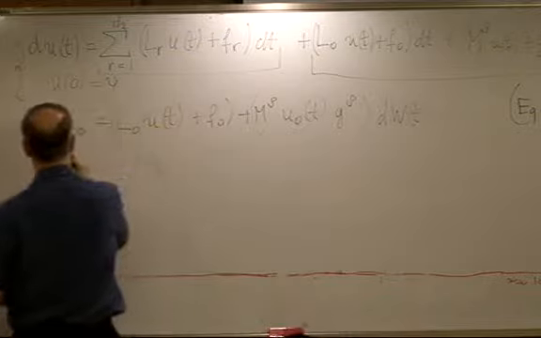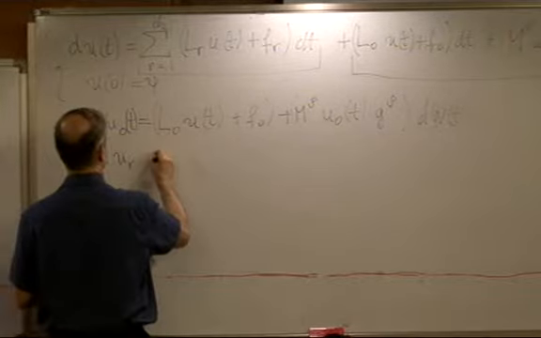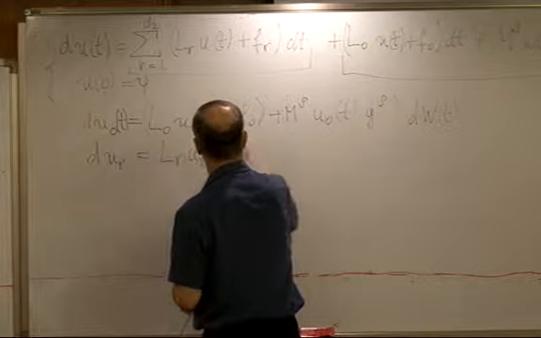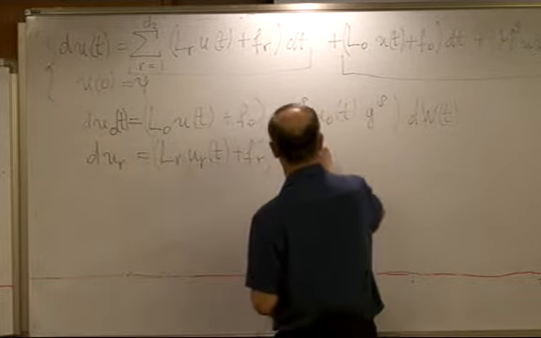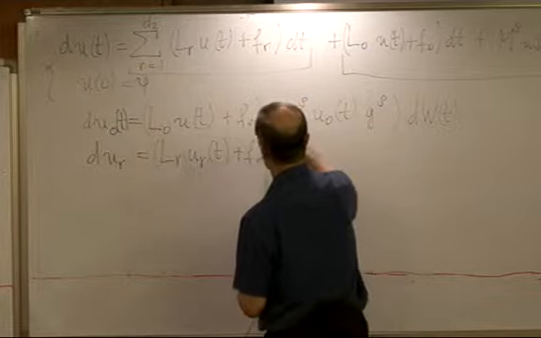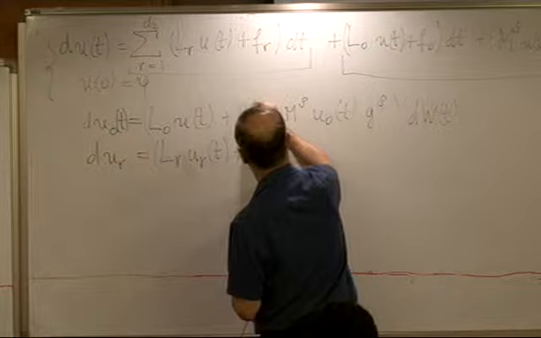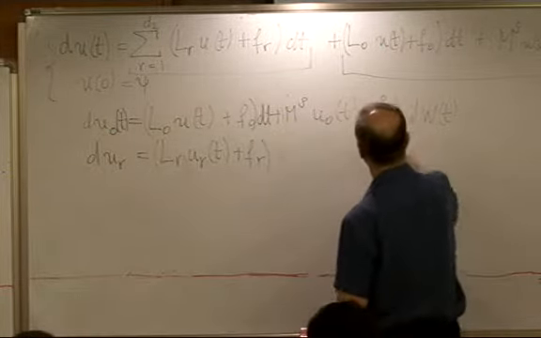And du_r(t) equals L_r u_r(t) plus f_r dt. Here I lost the dt. And plus in front of g, thank you.